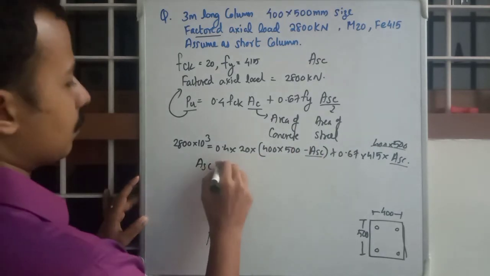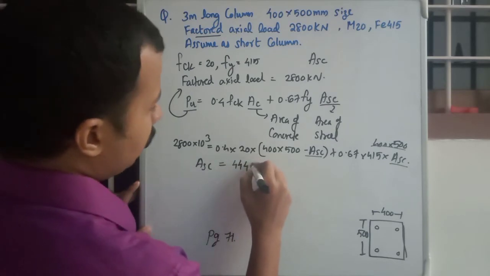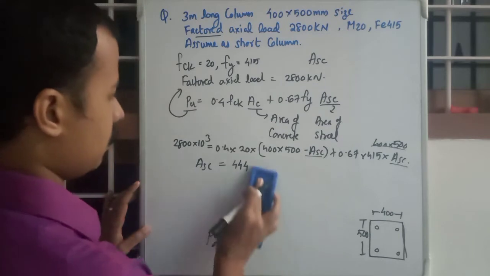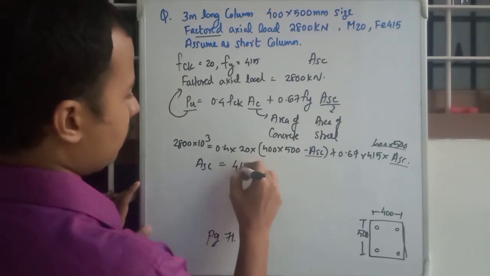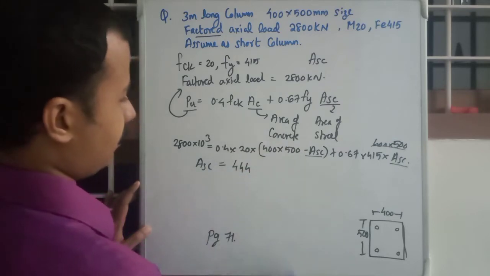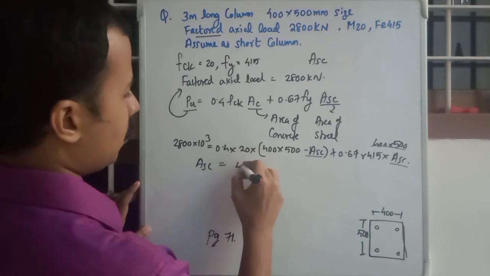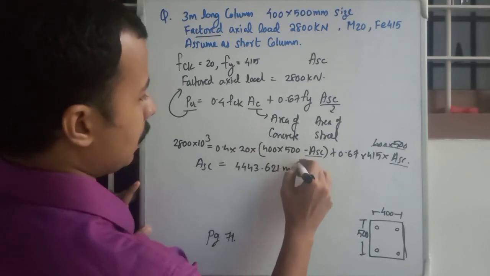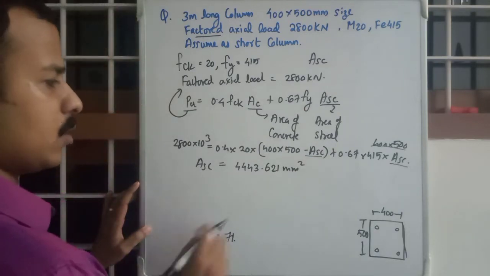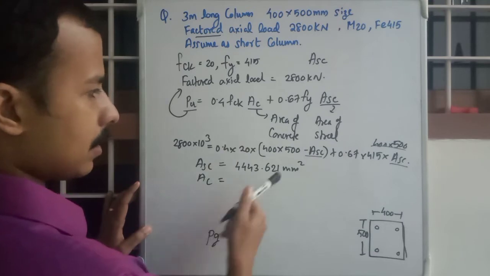We get 4443.621 millimeter square. From this value you can calculate Ac, right?